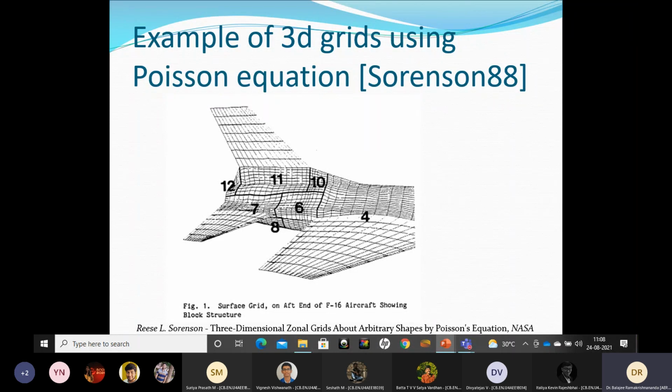So one trick people use is to divide your grid into several blocks. Inside a block, you can easily generate, but at the boundary points of the block, you should be careful so that they match nicely, like shown in this figure. See, between 10 and 11, if I remove that dark line, you wouldn't even realize that there was a block.